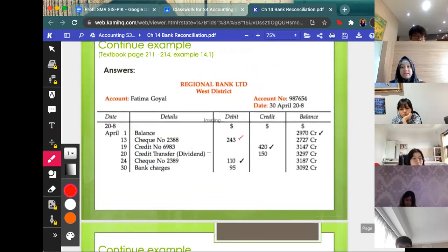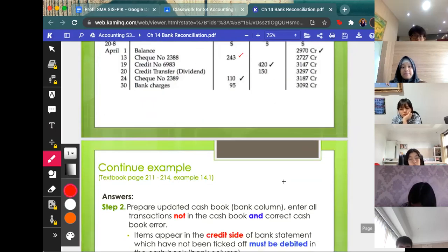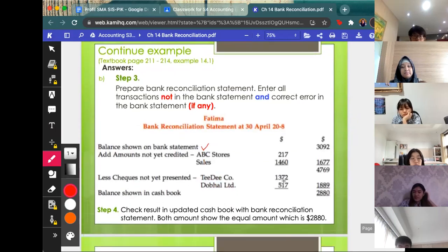This is our bank statement. Take the latest balance. This latest balance is 3092. Credit means 3092 positive. Then put that here, and then we add transactions that have not yet been recorded in the bank statement.